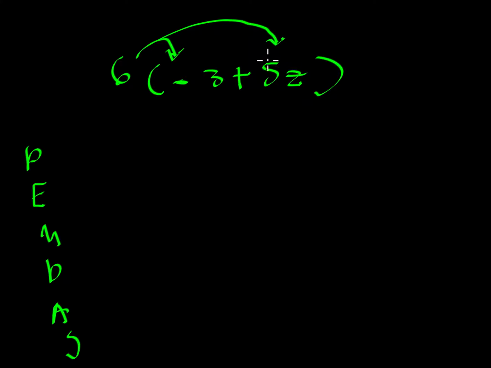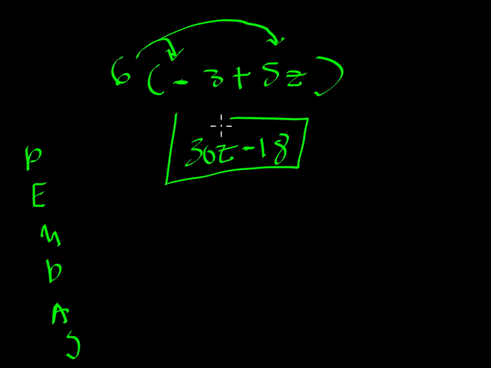Why are we getting rid of the parentheses? So that we can add like terms, because parentheses always come first. So 6 times negative 3 is negative 18, and 6 times 5z is 30z. So the answer is 30z minus 18.